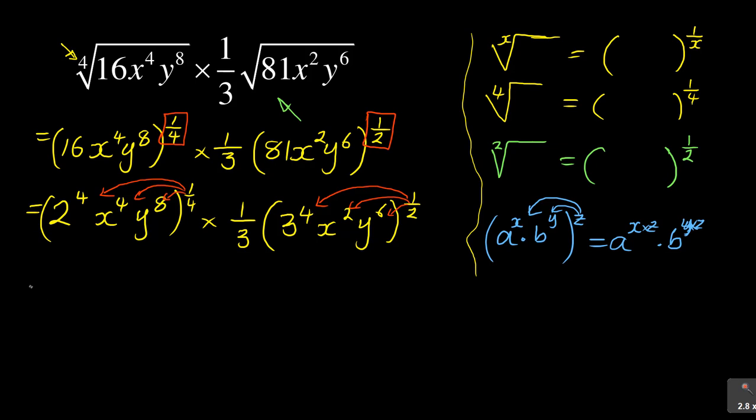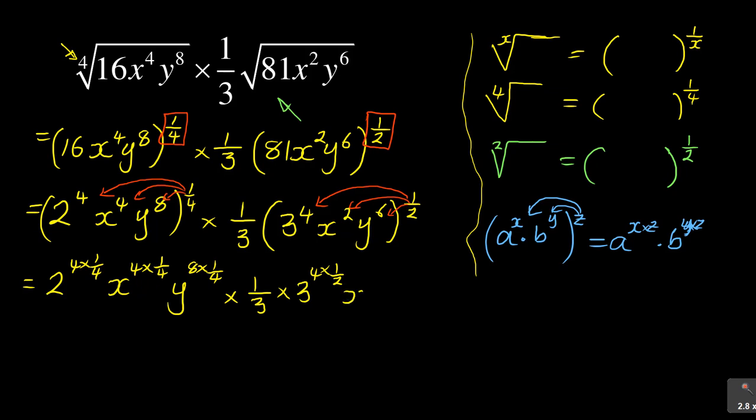So this will then become, in this case, 2 to the power 4 times 1 over 4, x to the power 4 times 1 over 4, y to the power 8 times 1 over 4. Remember, these are exponents, so you must write them as exponents, times 1 over 3 times 3 to the power 4 times 1 over 2, x to the power 2 times 1 over 2, and then y to the power 6 times 1 over 2.